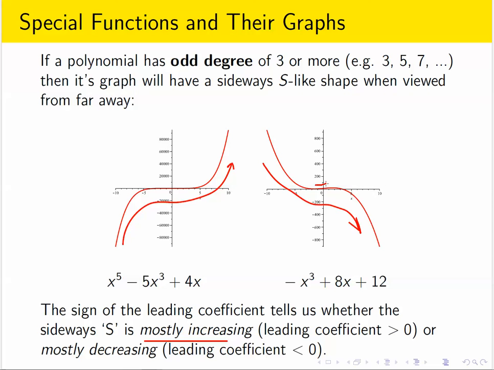You'll notice there's a little bit here where it's increasing. But when you zoom out, you can see that it's mostly decreasing. And you can tell that because the leading coefficient is negative. Whereas when the leading coefficient is positive, you get something that's mostly increasing.